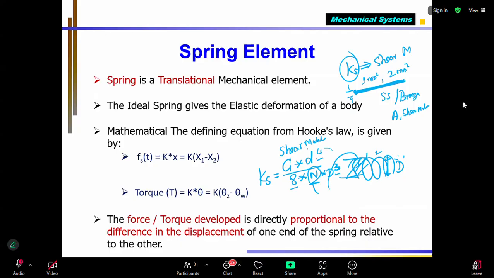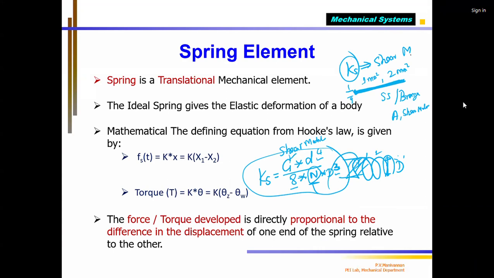Generally, if you buy a spring, you can calculate its stiffness if you know what material it is made of, the diameter of the wire, the coil diameter, and the number of turns. Otherwise, the value will be given.